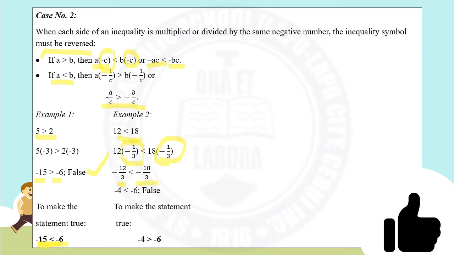Negative 12 over 3, that is negative 4. Negative 18 over 3, that is negative 6. So negative 4 less than negative 6, and that is false because negative 4 is greater than negative 6. To make the statement true, negative 4 greater than negative 6.